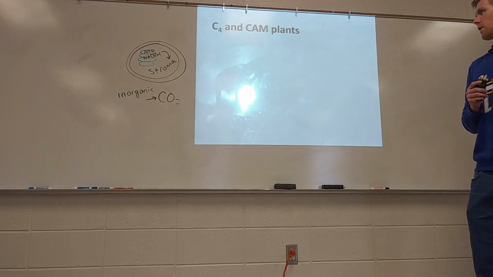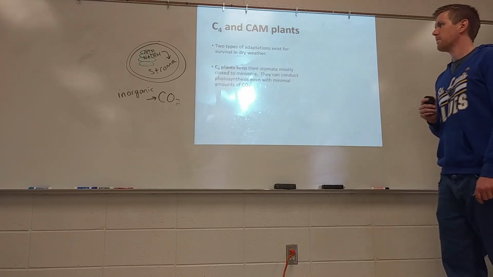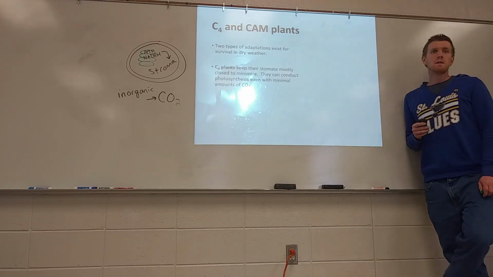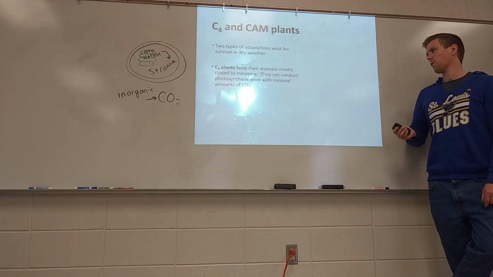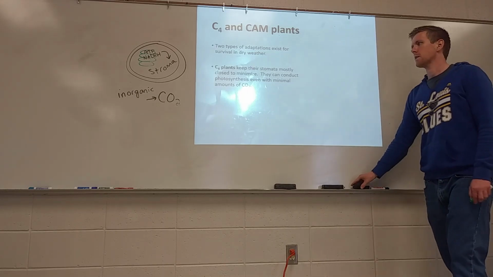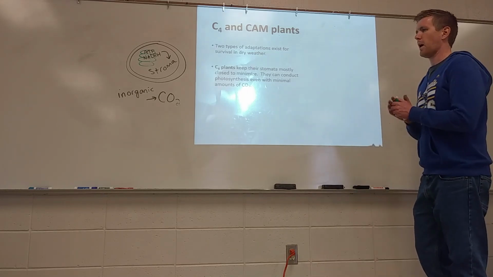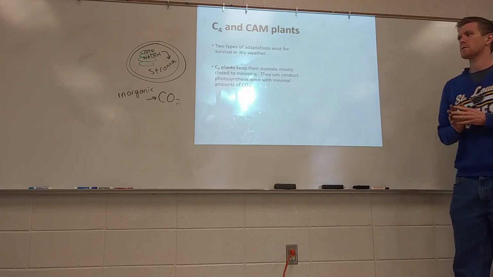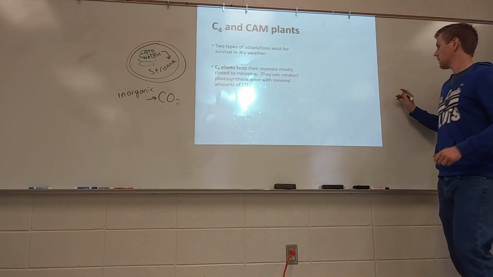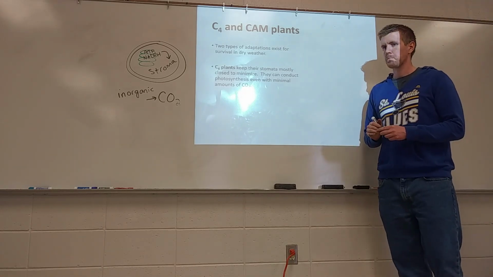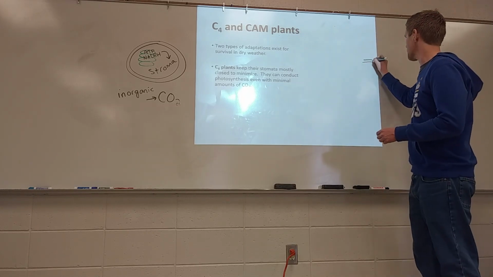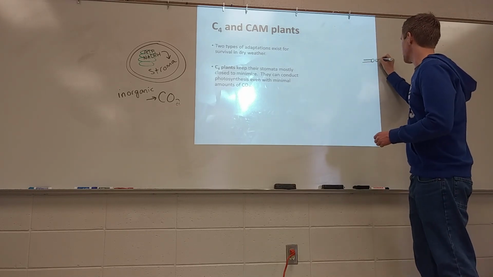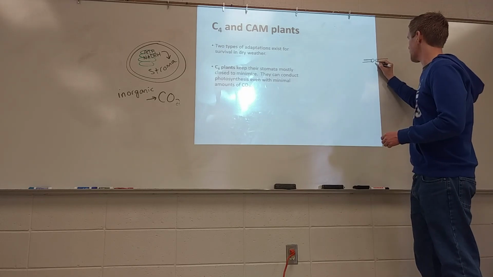However, there are plants that have ways to deal with it. One way is to be a C4 plant. C4 plants are able to keep their stomata barely open and still take in plenty of CO2 that way. Think of it this way. We've got a stoma here with barely any space between, right?